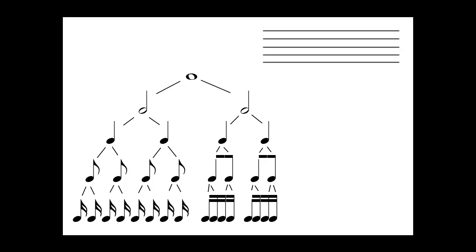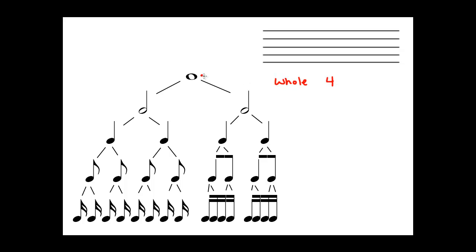When looking at note values, sometimes you will see a dot placed beside the note like so. A dot to the right of a note means that you take half the value of that note and add it on to its original value. Okay. So a whole note is worth 4 beats.